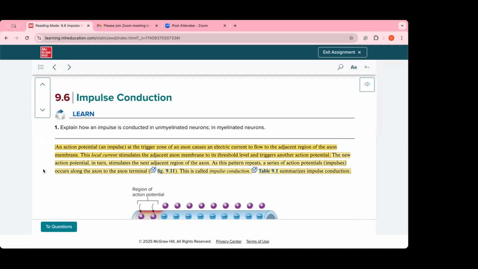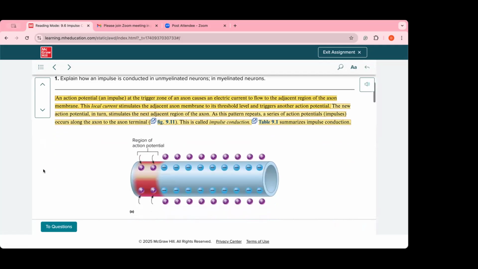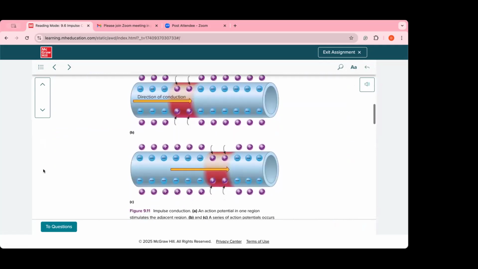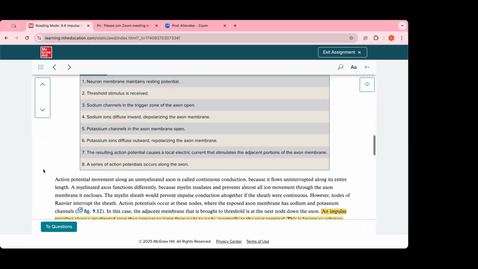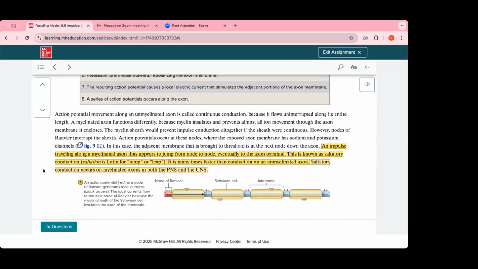Okay, so this is conduction. Action potential movement along an unmyelinated axon is called continuous conduction because it flows uninterrupted along its entire length.